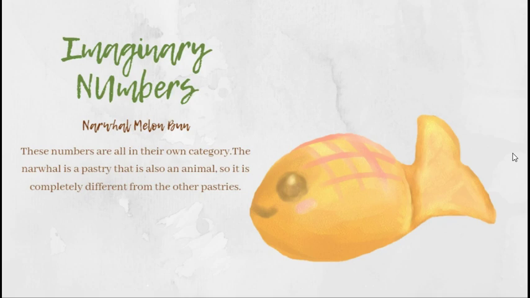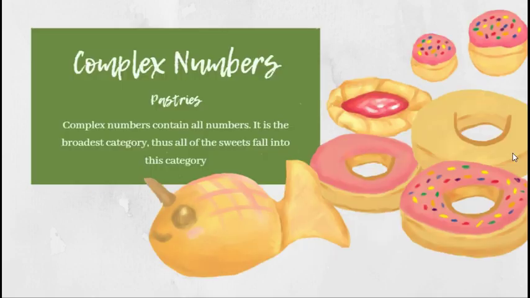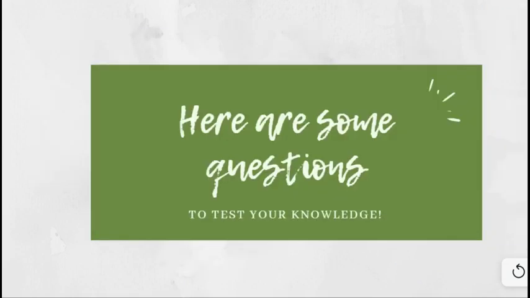For some reason, this one doesn't have the horn, but the next one does. Now, complex numbers. These are pastries, so they include all of the stuff we just went over. See, this guy has his horn now. Okay, hopefully that makes sense. Hopefully that donut analogy makes a little more sense. As you can see, it adds on together instead of the Venn diagram.